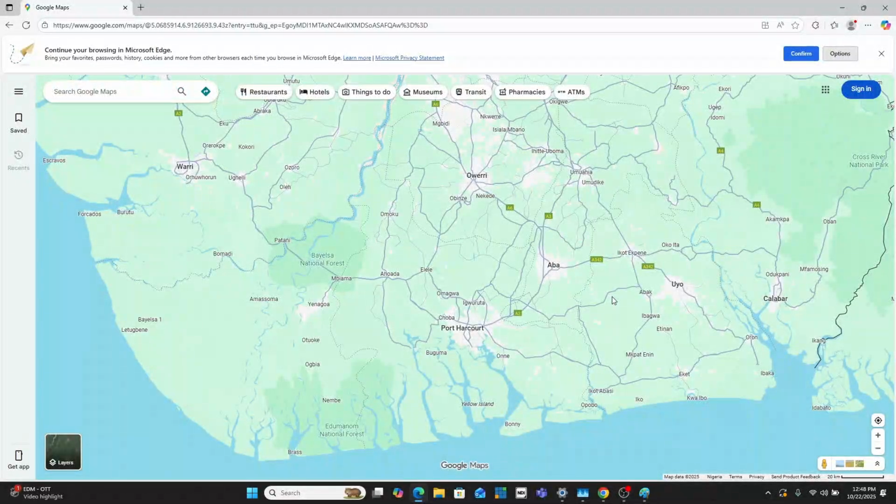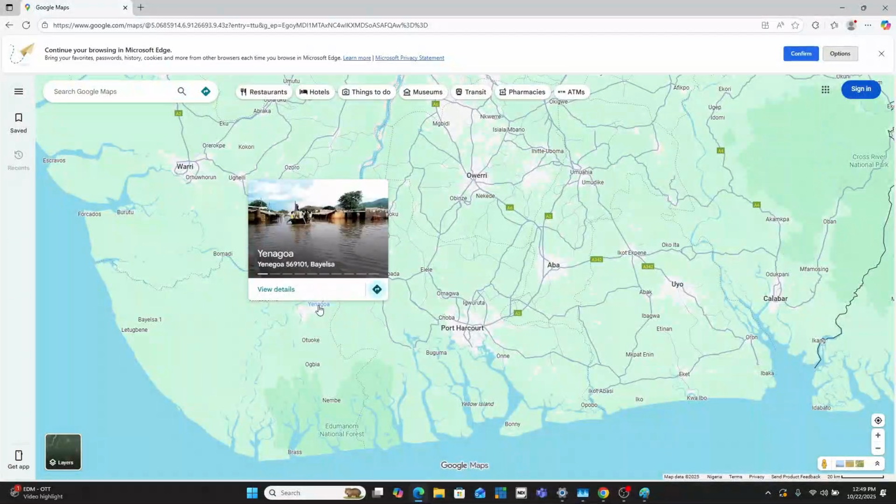So that means 3 different connections, and each of them is point to point, isn't it? Uyo to Port Harcourt, Bayelsa to Port Harcourt, and Owerri to Port Harcourt, right? So that means the speed between any bandwidth or traffic going between Port Harcourt and Yenagoa is not shared by any other person.